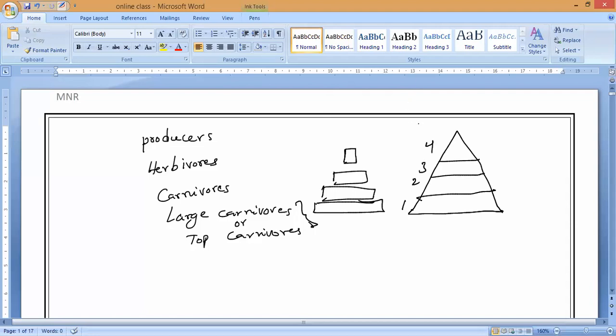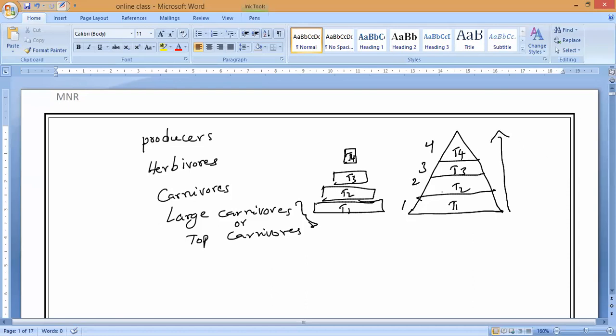If we take these trophic levels, let me take this as T1, this is T2, this is T3, and this is T4. Here also T4, T3, T2 and T1. Trophic level 1, trophic level 2, trophic level 3, and trophic level 4. What is the reason it is tapering upwards? Because as you keep going upwards, from T1 to T4, the number of organisms decreases gradually. Do you understand?